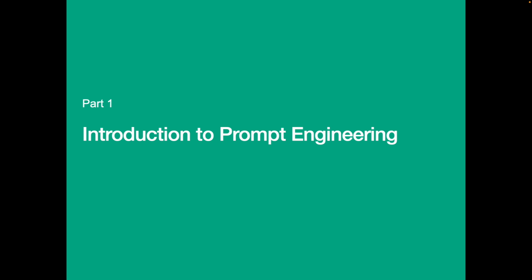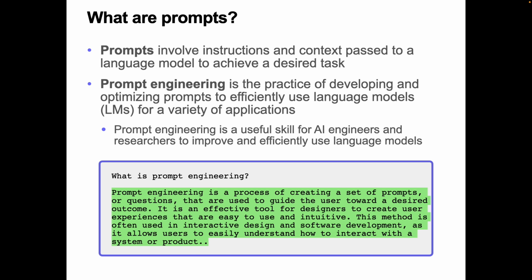Part 1, we're going to introduce prompt engineering and some key concepts. So what are prompts? Prompts involve instructions and context passed to a language model to achieve a desired task, and prompts don't necessarily apply only to language models. They can also apply to image generation models like DALL-E or Stable Diffusion.